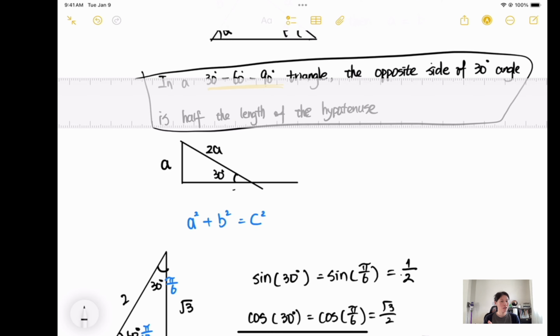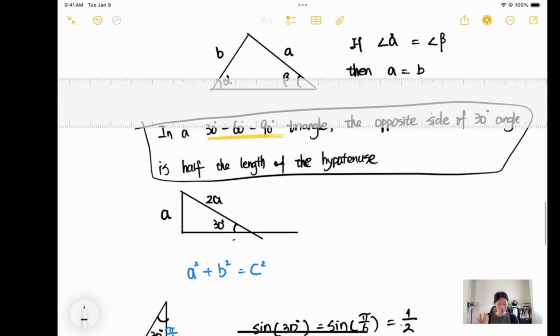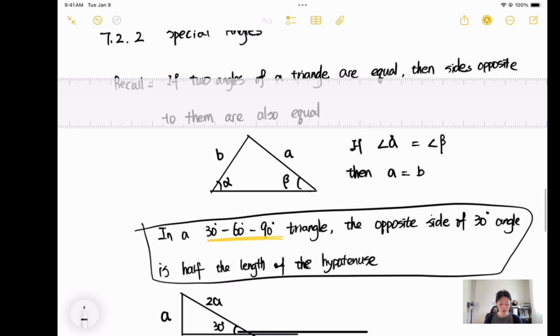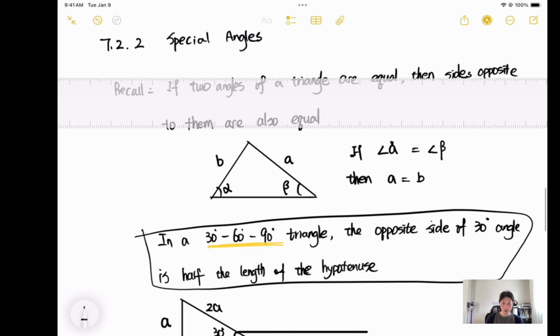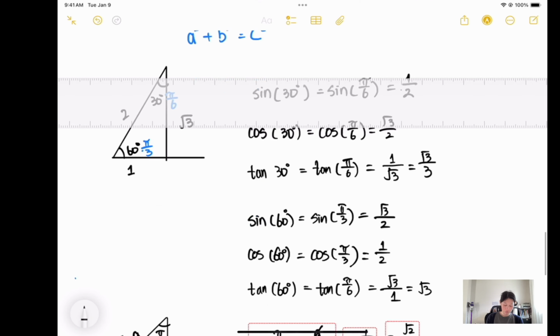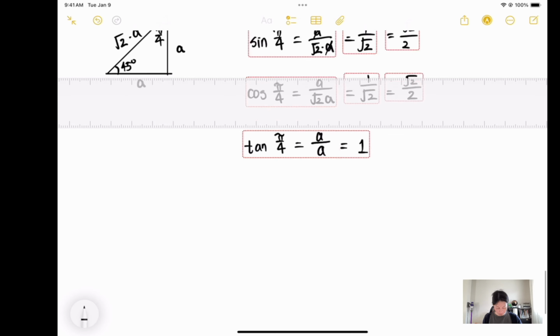If the angle is 30, 60, and 90, then the opposite side of the 30 degree angle is half the length of the hypotenuse. If the two angles are equal, then the opposite sides are also equal. If you can remember that, you will be able to calculate what 30 degree equals, 60 degree equals, or tangent 45 degree equals.